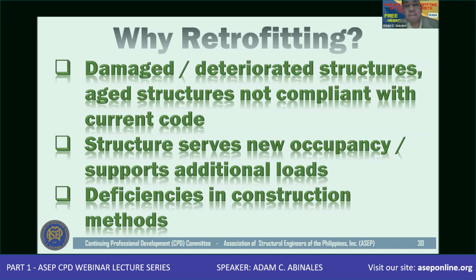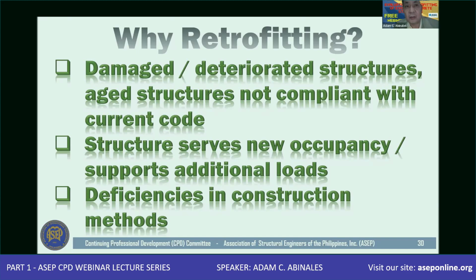Now, actually, in the Philippine Building Act, which is still pending at the Congress at the moment, there is a provision in that particular bill that any structure which has been more than 15 years, meaning the professional liability of the engineer of record of that particular building, the building would be subjected to mandatory structural evaluation.